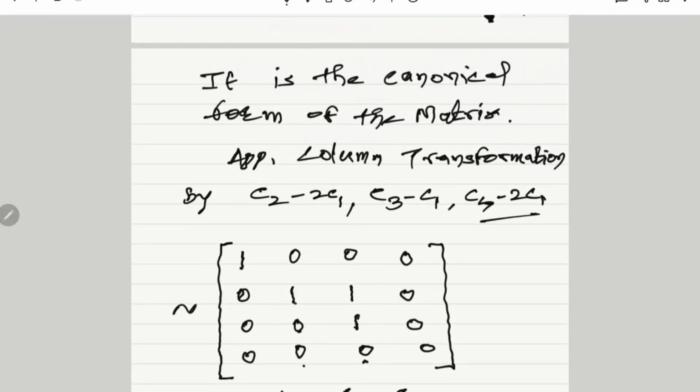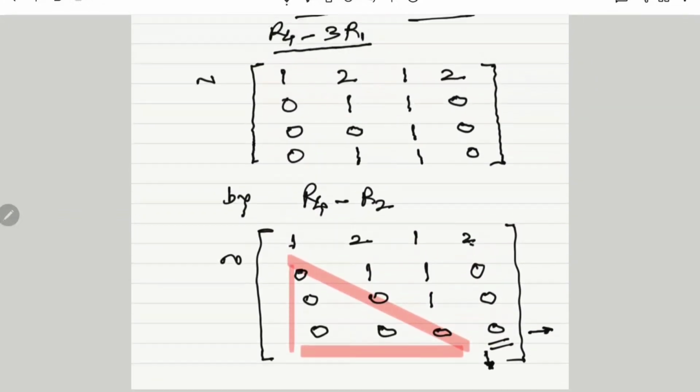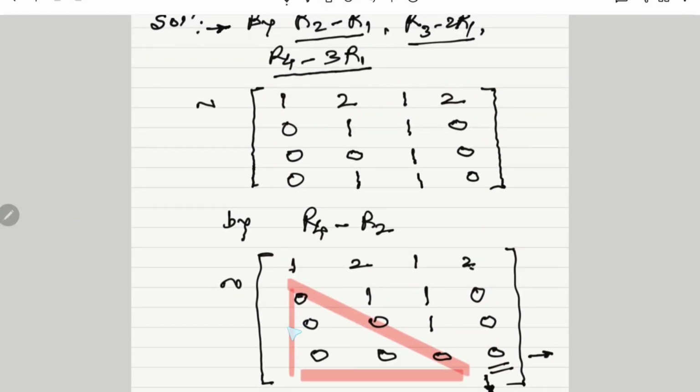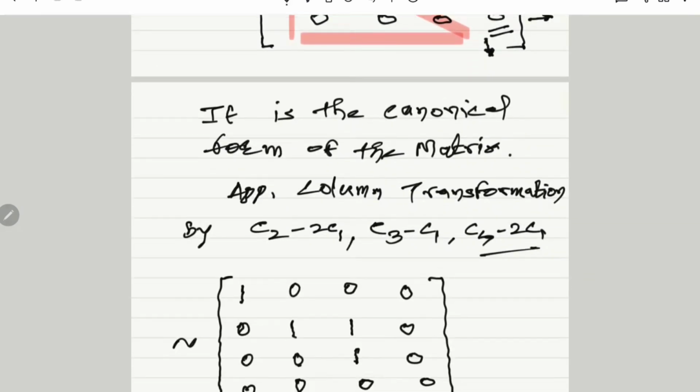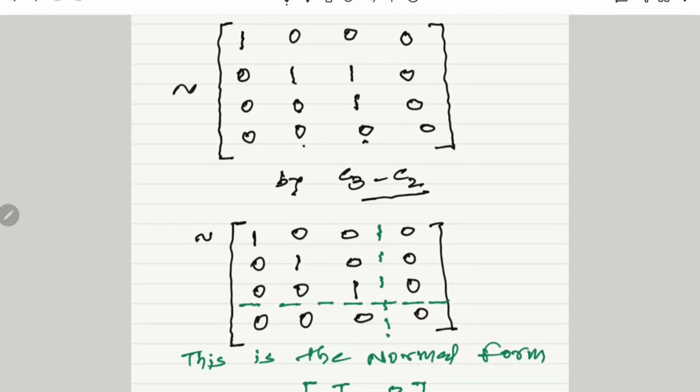once again I will repeat the steps. In the first part, we have to convert lower diagonal elements to 0 by applying elementary row transformation, and all diagonal elements are non-zero. Here 1 1 1 1 means non-zero element, and the upper diagonal elements we convert to 0 by applying column transformation.